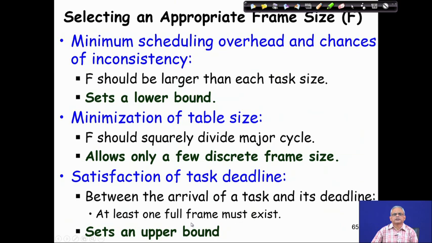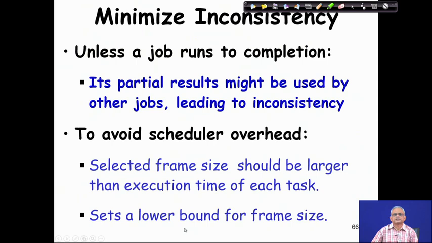So, now let us look at the third constraint. Between the arrival of a task and its deadline, at least one full frame must exist. So, this sets an upper bound on the frame size. As we try to select a frame size, we might find that multiple frame sizes are acceptable.